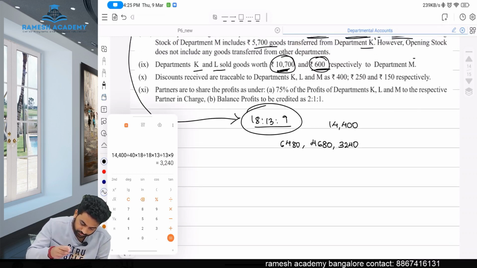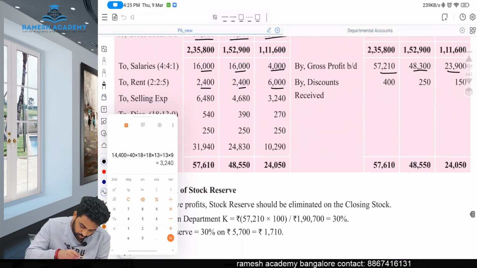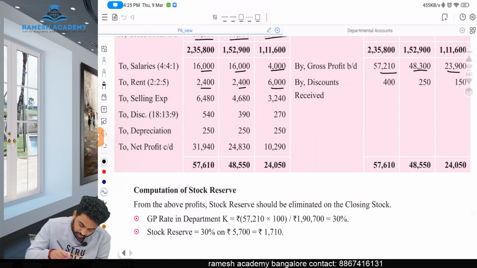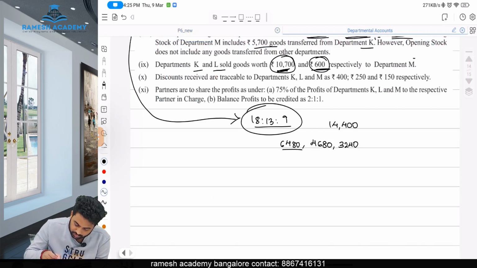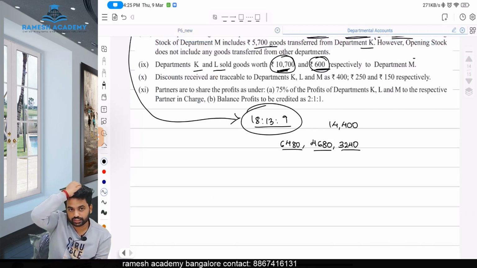Okay sir, so selling expenditure is 6,480, 4,680, 3,240. So selling expense is done.